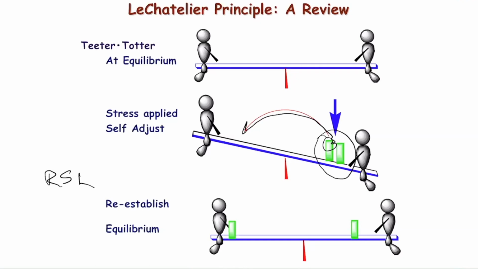That's the shorthand notation that you'll see in my questions or quiz. You say RSL, reaction shifts to the left, or reaction shifts to the reactant.